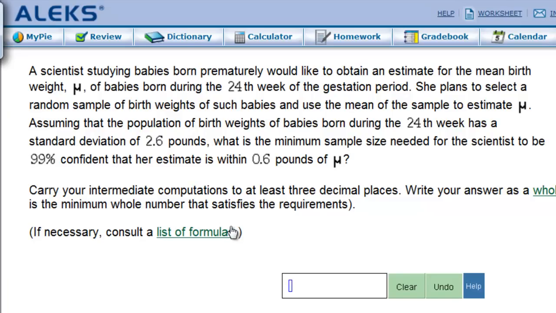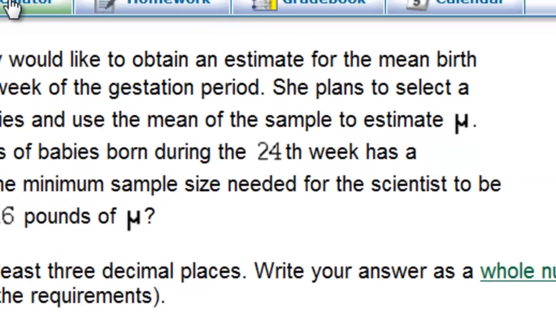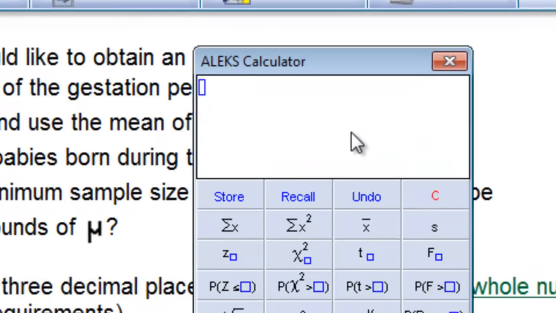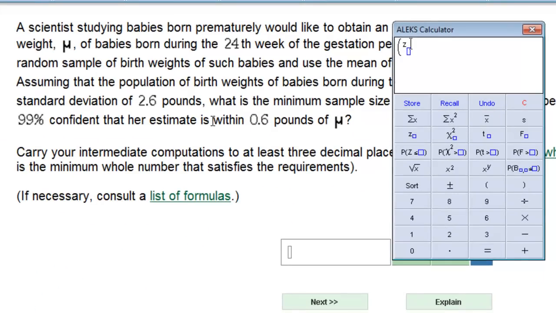But if you didn't, it was that n equals, in parentheses, let me do this, calculator, the minimum sample size is equal to, in parentheses, z alpha over 2 times sigma, whatever sigma is. So what's sigma? 2.6 pounds, so times 2.6, and then all that divided by what? E, my maximum error estimate.